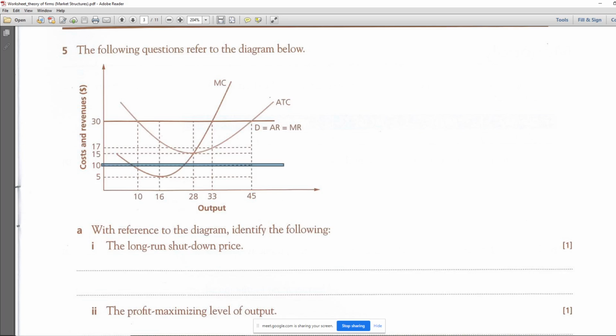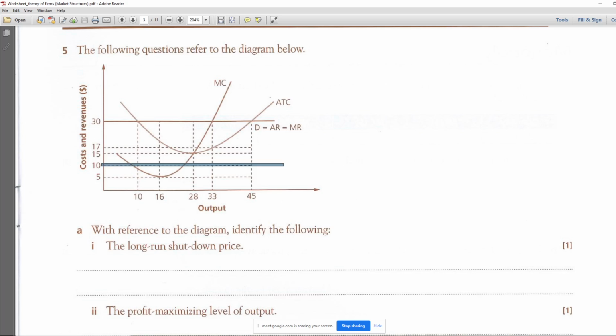Why would they leave the market? When they're making a loss or when they are not able to sustain the business. Some of the firms, if they're not efficient enough, will be forced to leave the market in the long run. So what will happen if more firms leave the market?